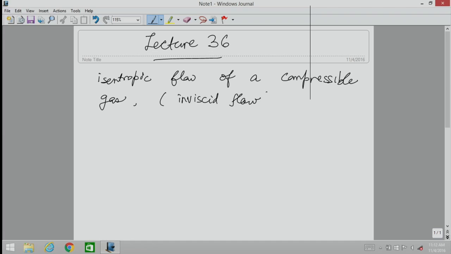Then what we showed was, we got to these relations.